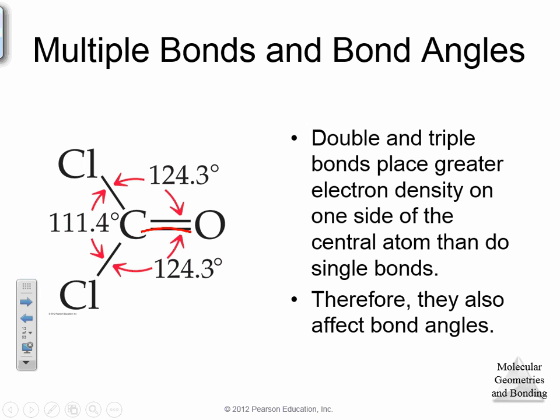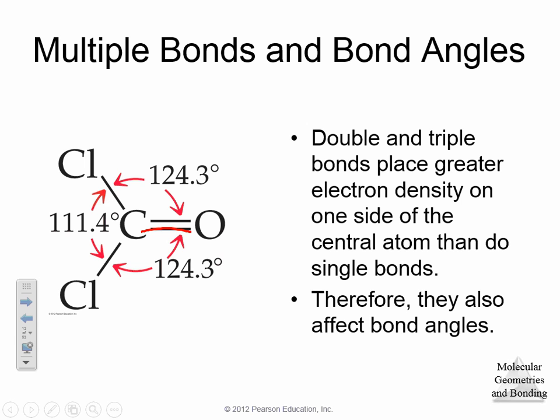Same thing here, multiple bonds. Now, one thing that shortened bond angles was the married couples due to the repulsion. Another thing that's going to shorten bond angles is double or triple bonds. Due to the fact that double or triple bonds draw the atoms closer to one another, there's going to be slightly more repulsion.